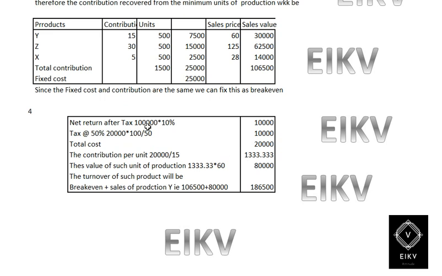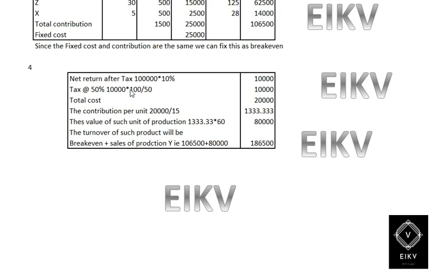As per requirement 4, we have that net return after tax will be 1 lakh investment into 10%, which is 10,000, and we have the tax bracket of 50%. Sorry, over here 10,000 into 100 divided by 50 will give you 20,000.